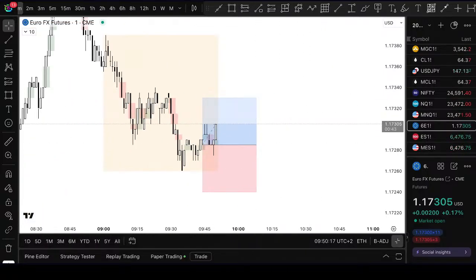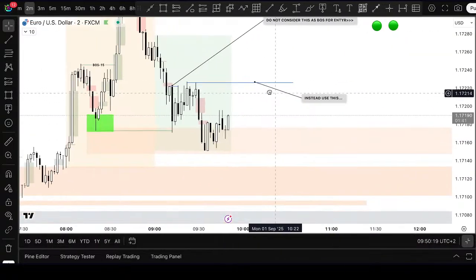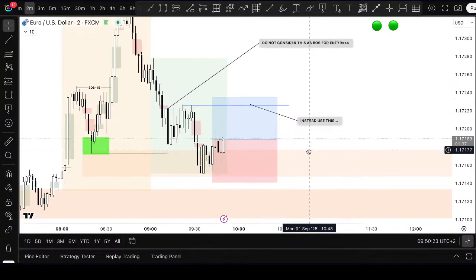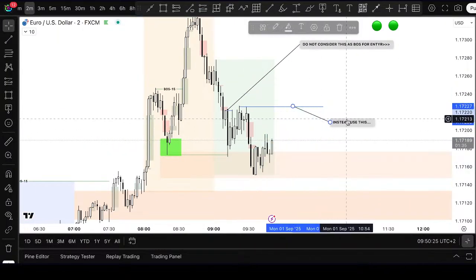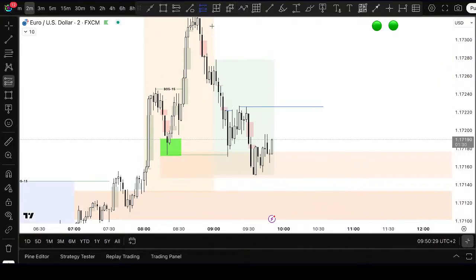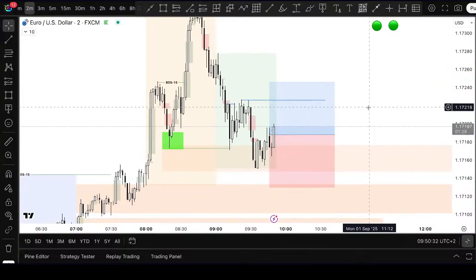Same thing, we can enter here. Entered here. It's a little bit impulsive entry, I would say. Entered here.